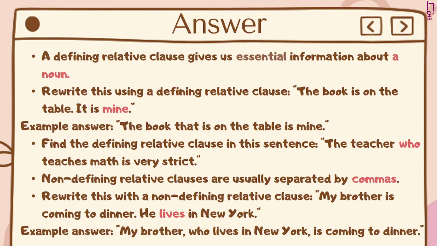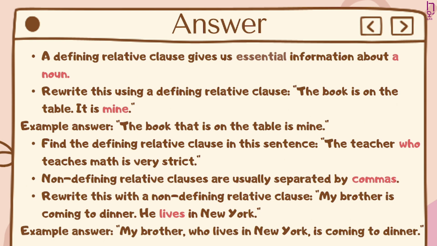Non-defining relative clauses are usually separated by commas. The fifth one is rewrite this with a non-defining relative clause: my brother is coming to dinner. He lives in New York. The example answer would be: my brother, who lives in New York, is coming to dinner.